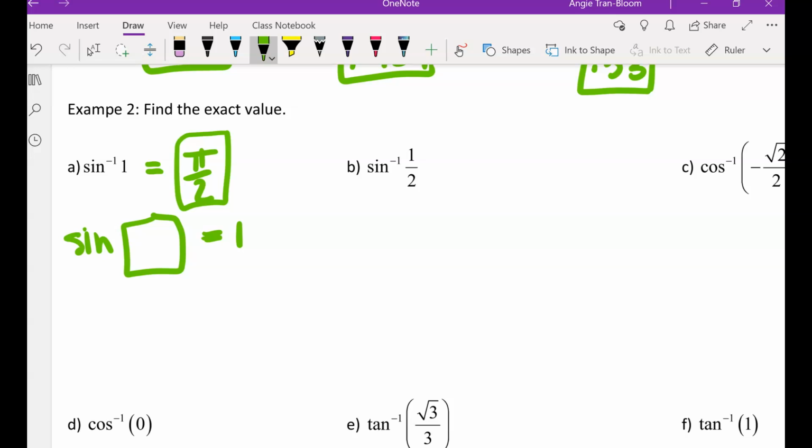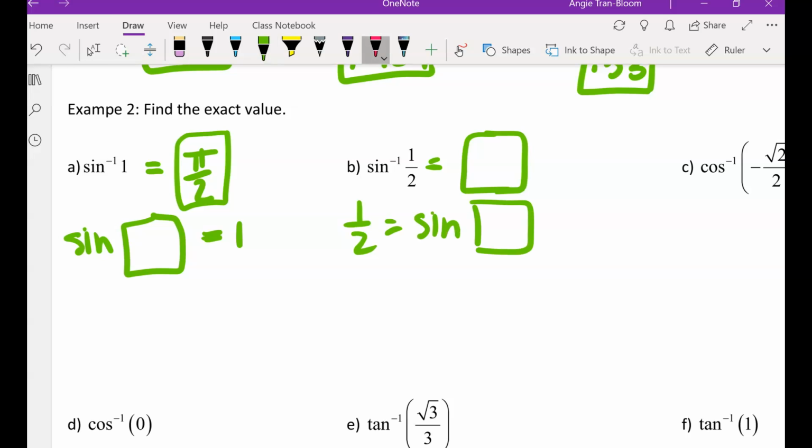If you don't know it or you don't see it, I'll write this question and make a box for our answer. Then the reverse order of that is 1/2 equals sine of what? And the radian answer is pi over 6, which is equivalent to 30 degrees. So this answer is pi over 6. That means our final answer is pi over 6.